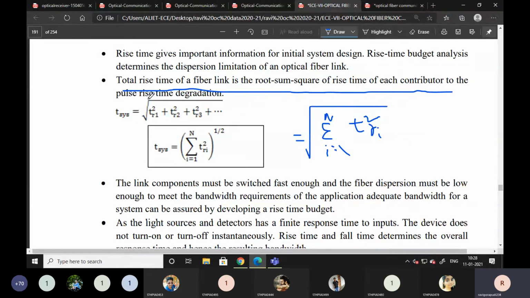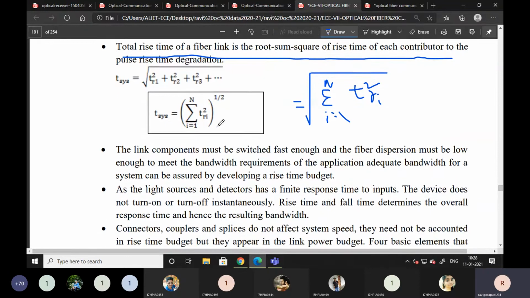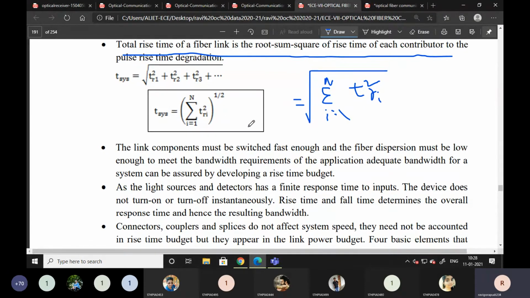Like that, all those you substitute in this formula, then you get the total time analysis. The formula you can write quickly: T system is equal to square root of TR1 square plus TR2 square plus TR3 square plus so on. This may be written as a summarization: T system is equal to sigma i equal to 1 to n, TR i square, whole power 1 by 2.